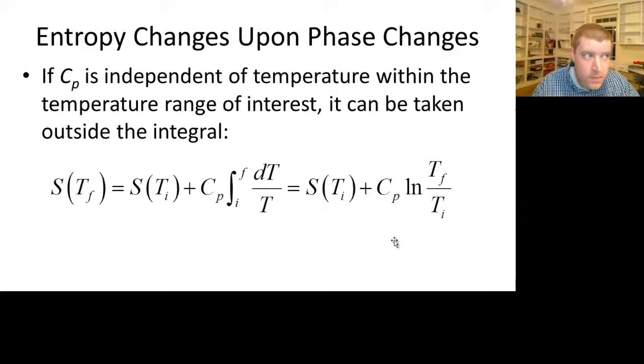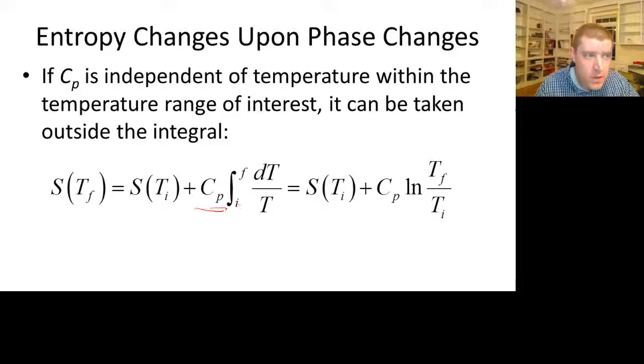And then, if the constant pressure heat capacity Cp is independent of the temperature within the temperature range of interest, which is a reasonable assumption to be making, then we can take that outside the integral, as we've done here.